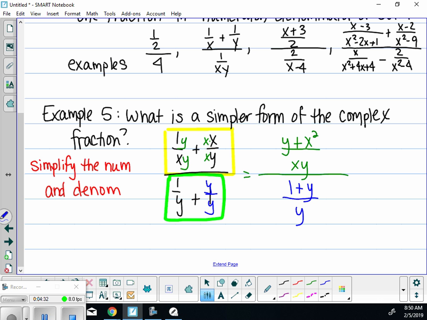So I have one single fraction divided by one single fraction. So we got to simplify the numerator and the denominator into single fractions.